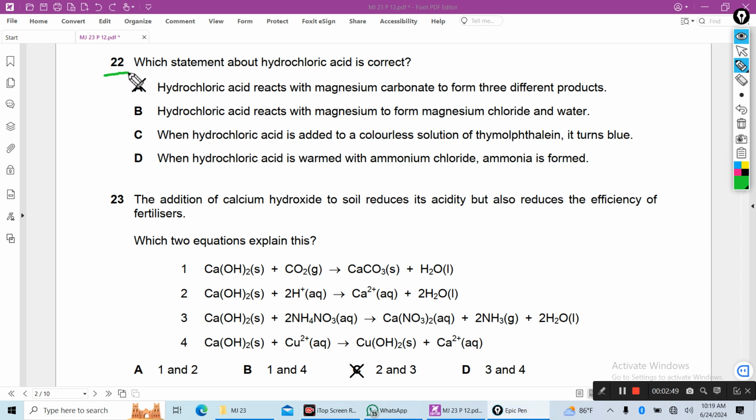Next, 22. Which statement about hydrochloric acid is correct? Hydrochloric acid reacts with magnesium carbonate to form 3 different products.